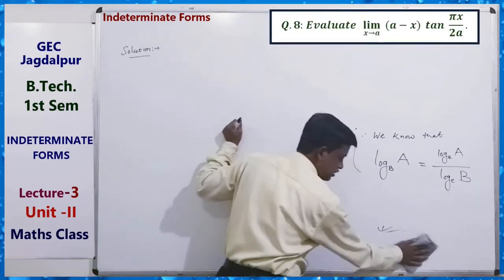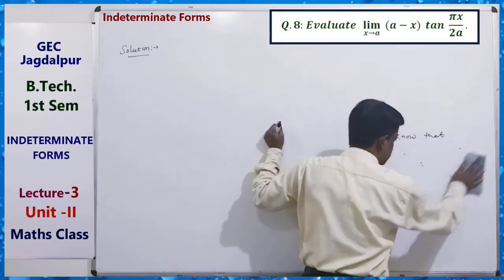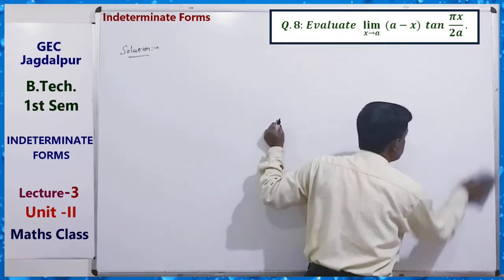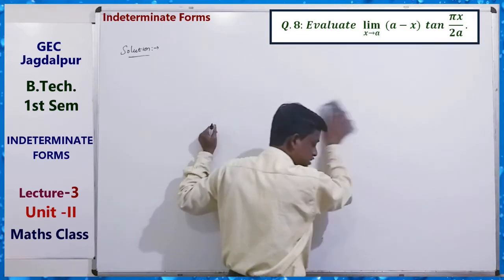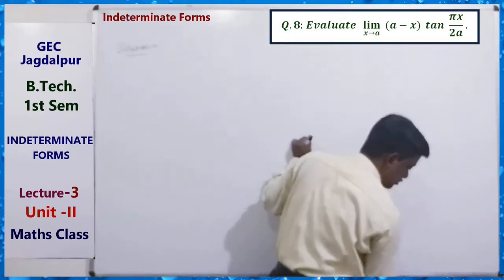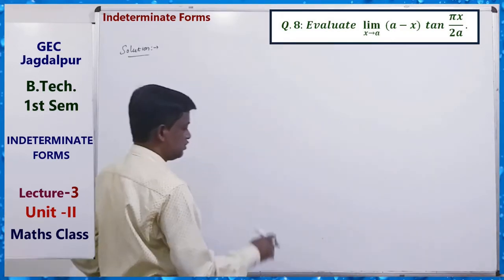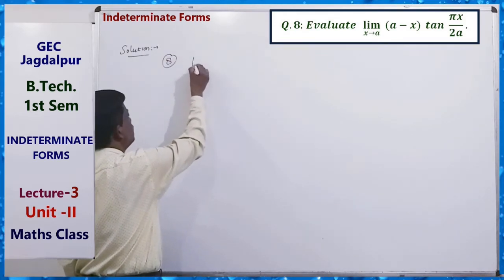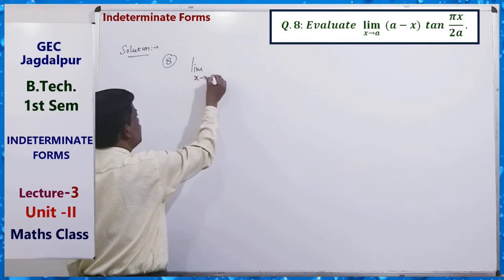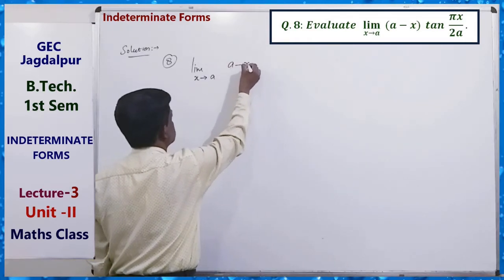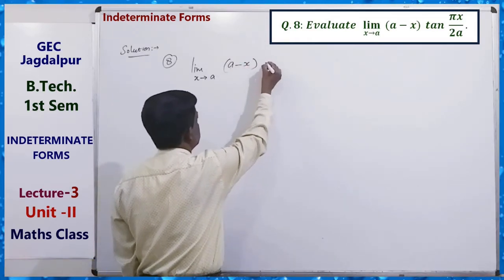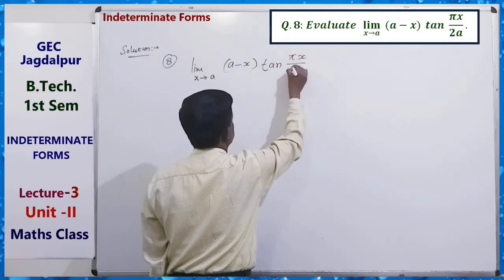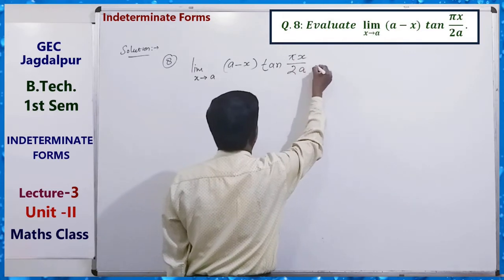Here take the question: a minus x tan of pi x by 2a, limit x tending to a. Just we have to find its value. Limit x tending to a, a minus x and tan of pi x upon 2a.